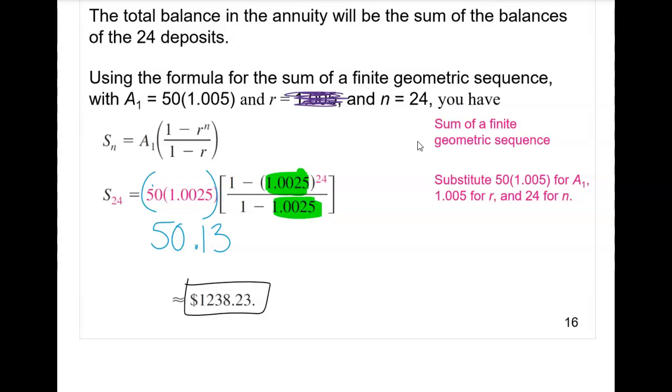Now, to enter something like this on the calculator, you will enter it all at once. You will enter parentheses for the bracket. Then you will enter parentheses again for the numerator, and that would be 1 minus, and in this case, 1.0025, close it, to the power 24.